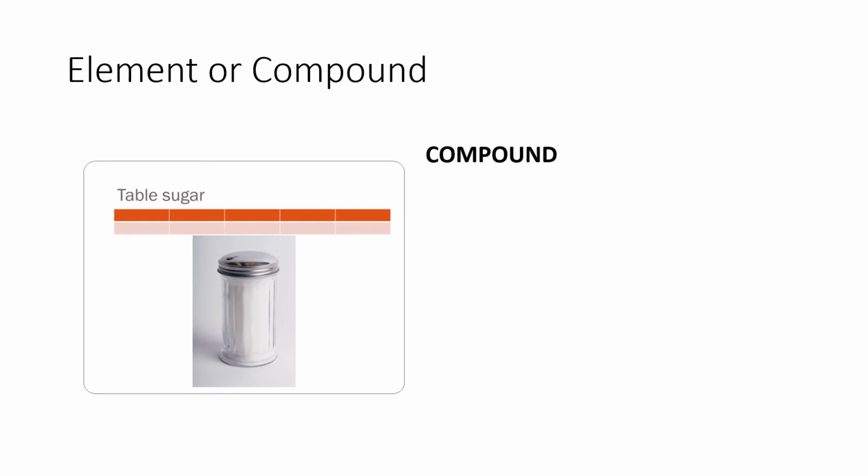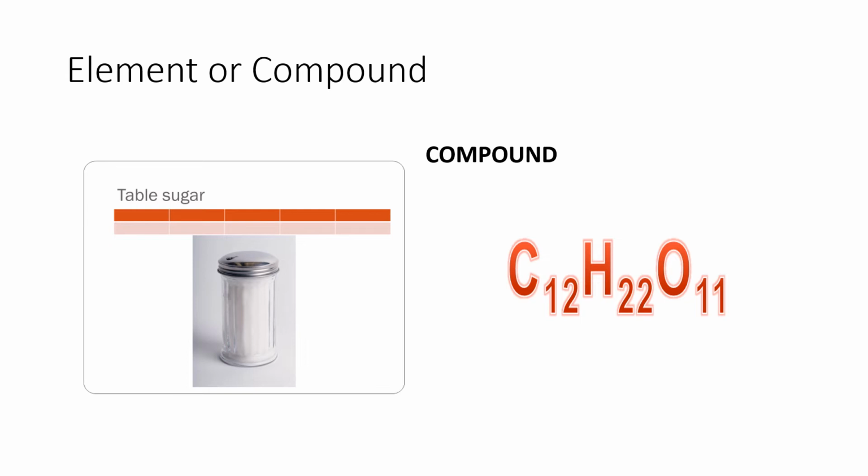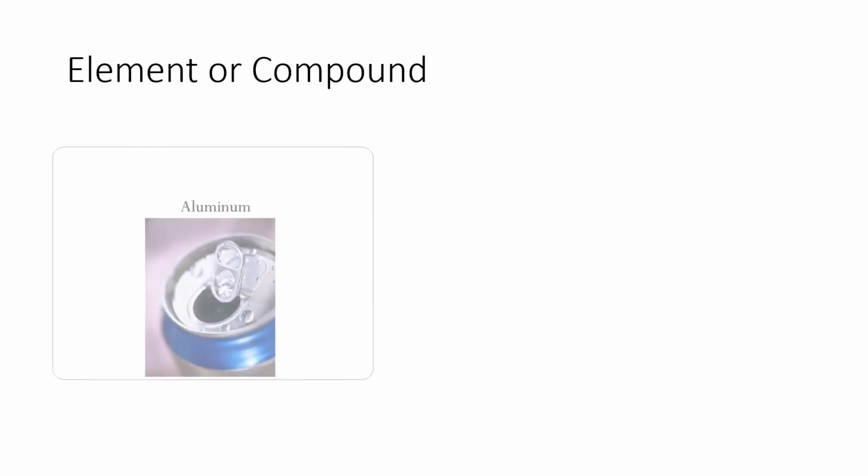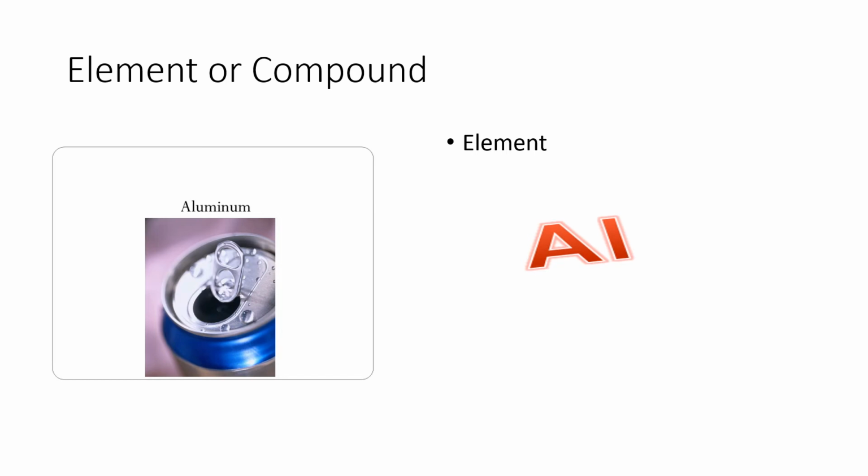Compound. So the symbol is C12H22O11. Another one, element or compound, aluminum. Yes, the answer is element, and the symbol is Al.